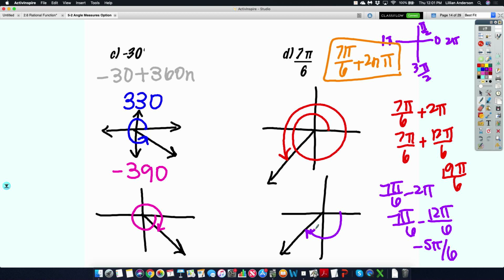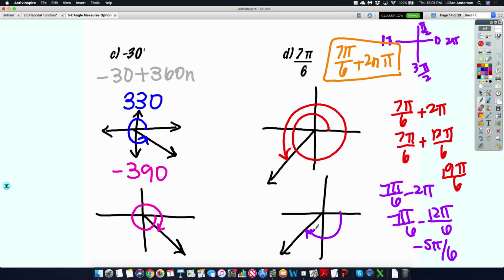I just don't know how many times to go around when it's in radians. Okay. If the angle given to you is already positive, and you're always going to use 1 and negative 1, you're going to go all the way around and then in. But if you're trying to find the negative angle, you don't go all the way around. You're just going to go until you hit the line.